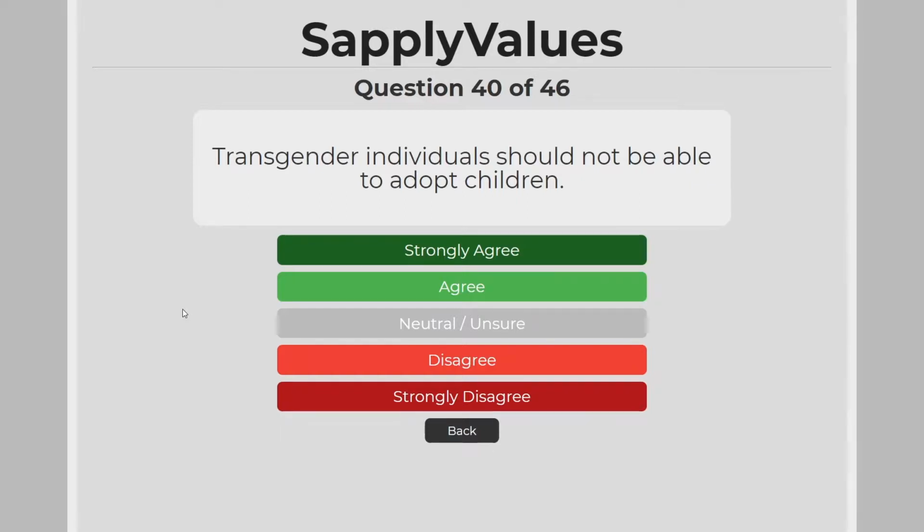Are we going to say any mental disorder means you cannot adopt a kid? I think that it really just is a horrible argument. I think that transgender individuals should have the same access to adopting children as a non-transgender individual. So I would say strongly disagree.